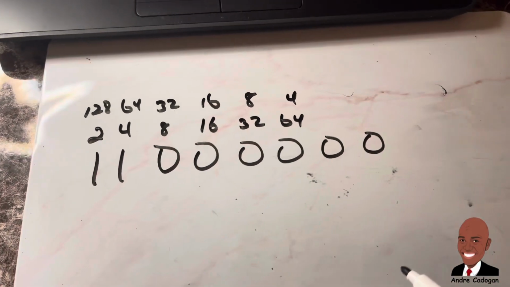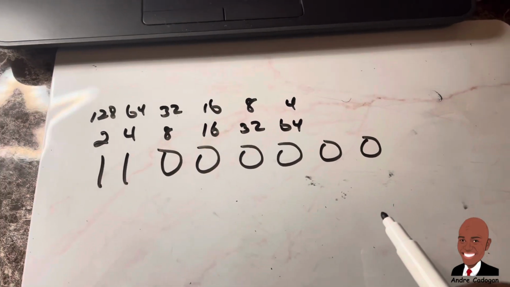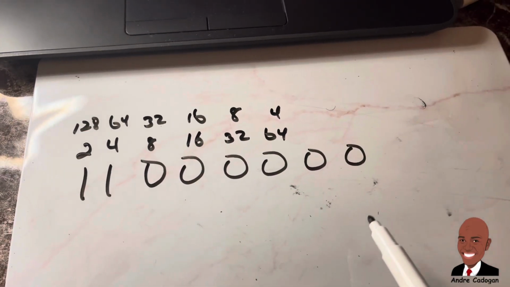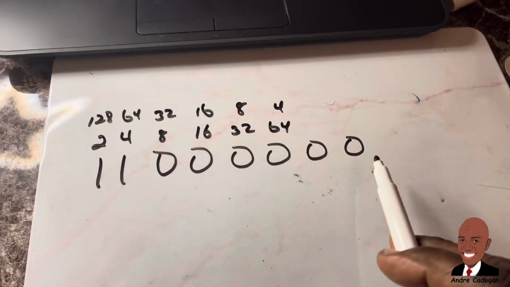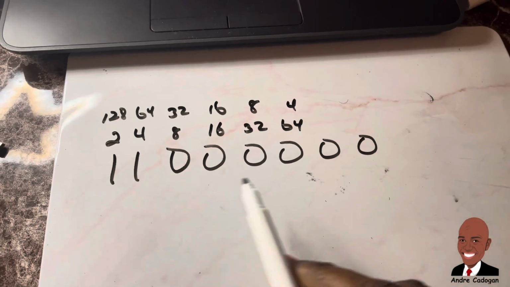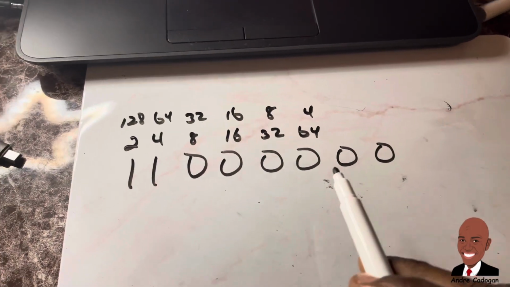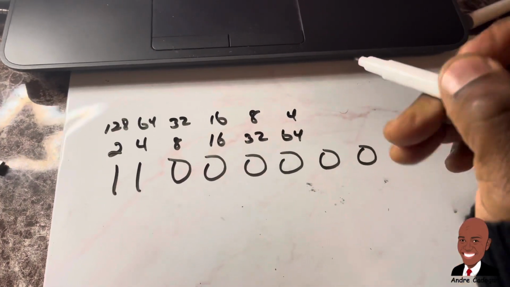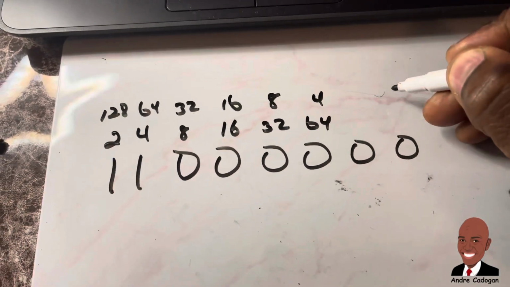All right, just to reinforce our knowledge of networks and hosts. As you can see, here I have 8-bit binary notation, and on top I have the place values.